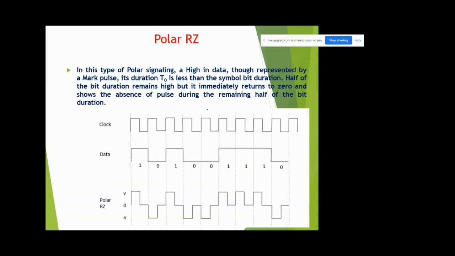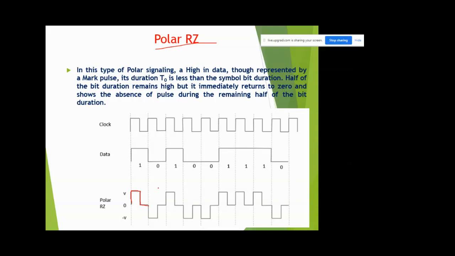Now next one is polar RZ, return to 0. As I said, return to 0 means half part of the signal will return to 0. You can see here both the polarity, positive and negative. For bit 1, the half part is returned to 0.